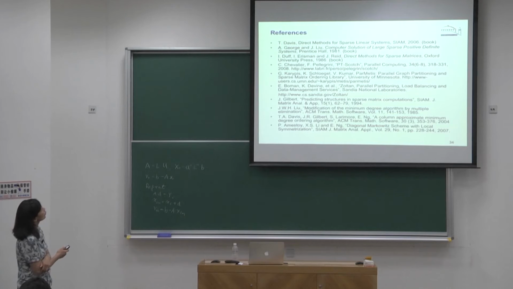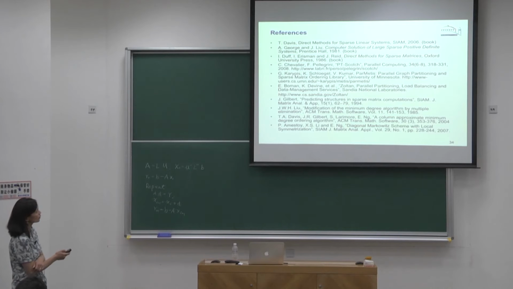And then for graph partitioning, I mentioned the PT-Scotch package and the ParMETIS package. These two are available and can be downloaded. And there's a more recent, more powerful one, Zoltan, a parallel partitioning and load balancing software developed by one of the Sandia labs.